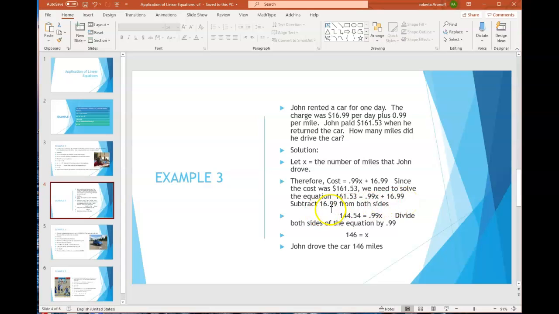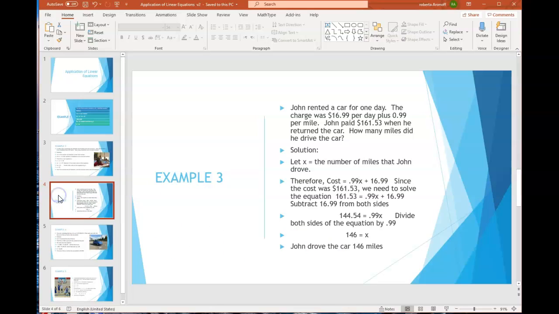Subtract 16 and 99 hundredths from both sides, and we get 144 and 54 hundredths equals 99 hundredths times x. You don't have to change the decimal numbers because you're going to divide using your calculator. We're now going to divide both sides of the equation by 99 hundredths, and we get that x is equal to 146. That tells us that John drove the car 146 miles.